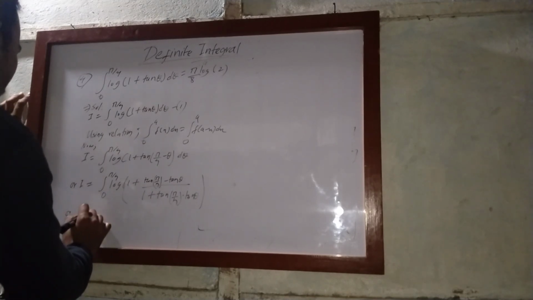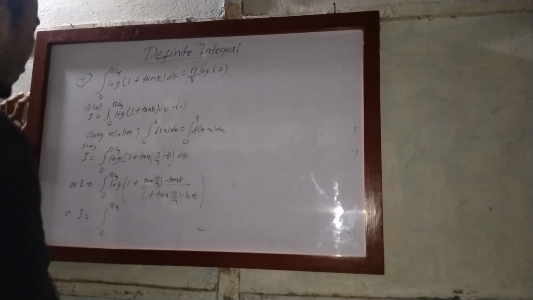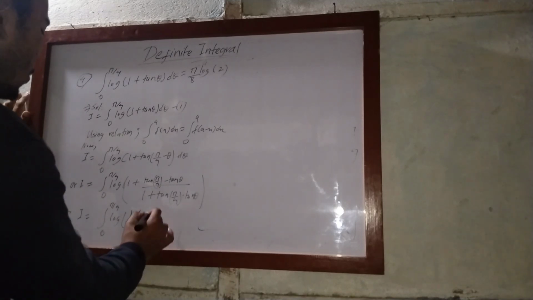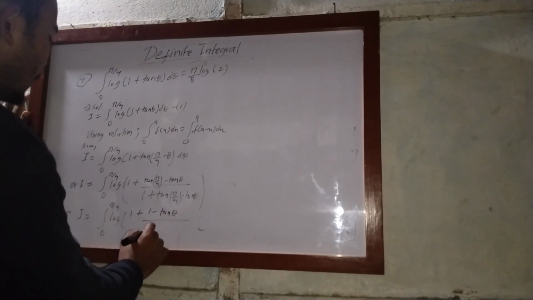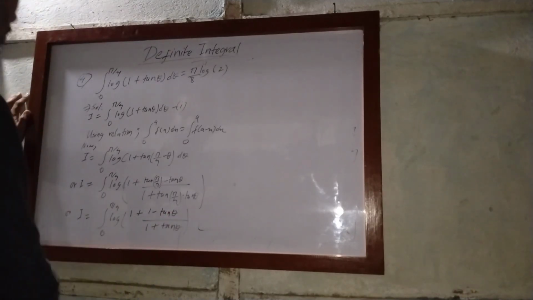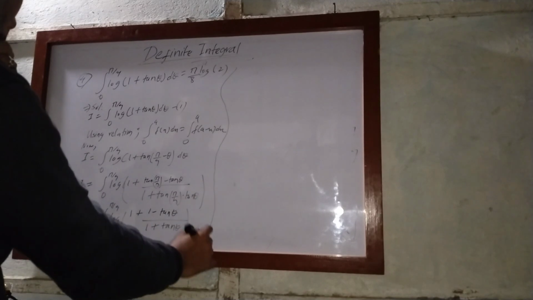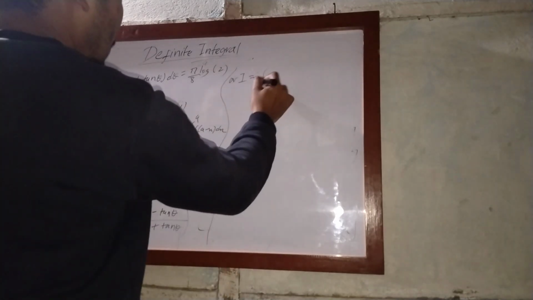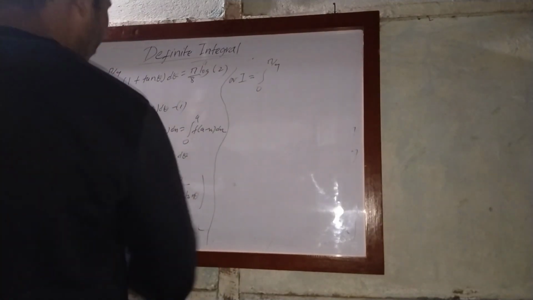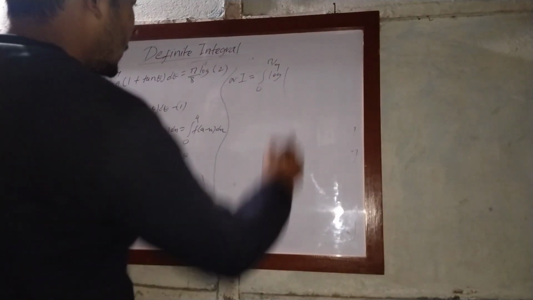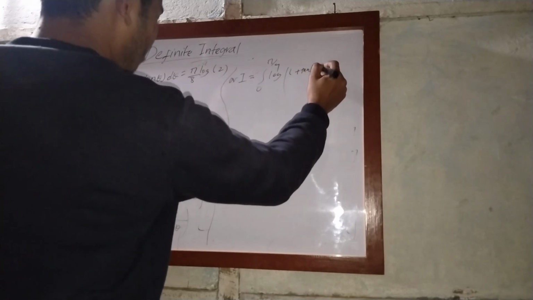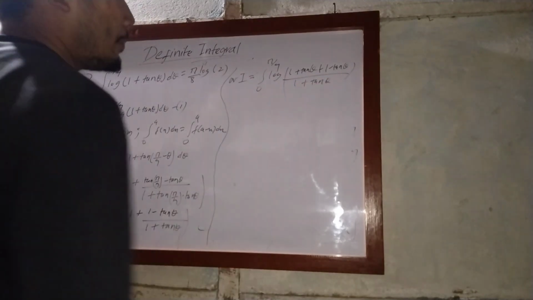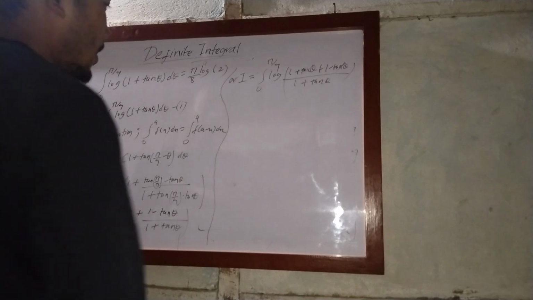Now again, our I is equal to the integral from 0 to pi by 4 of log of (1 minus tan theta) by (1 plus tan theta). Let's start from here: I is the integral from 0 to pi by 4 of log of the big bracket (1 plus tan theta plus 1 minus tan theta) by (1 plus tan theta). The tan theta terms get cancelled, negative positive, positive negative.